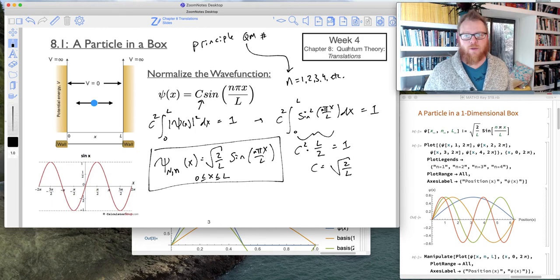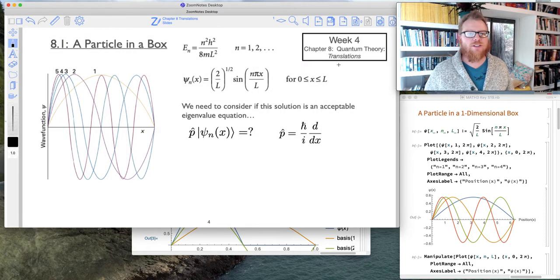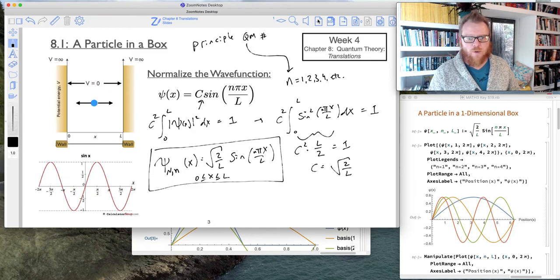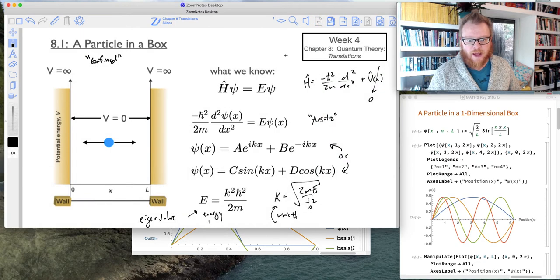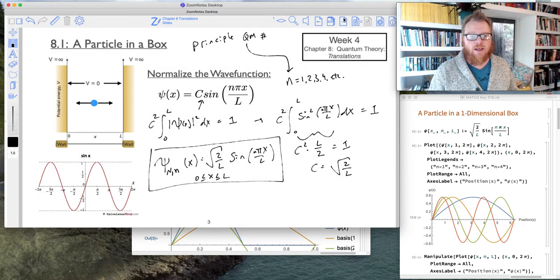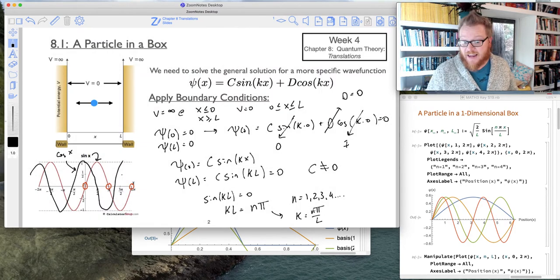So what do we get from all this if we keep going? So we established this kind of funky n, right? What I also want to show you, very quickly, if I back up here and look at the eigenvalues, okay? So we also know from this solution that E equals k squared times h bar squared divided by 2m, where k equals the square root of 2mE divided by h bar squared, okay? Well, we also established from this that k equals n pi over L, okay?